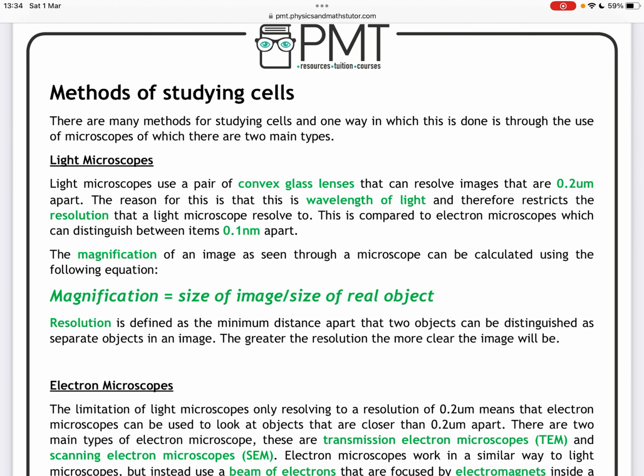You need to know that resolution is defined as the minimum distance apart that two objects can be distinguished as separate objects in an image. The greater the resolution, the more clear the image will be.